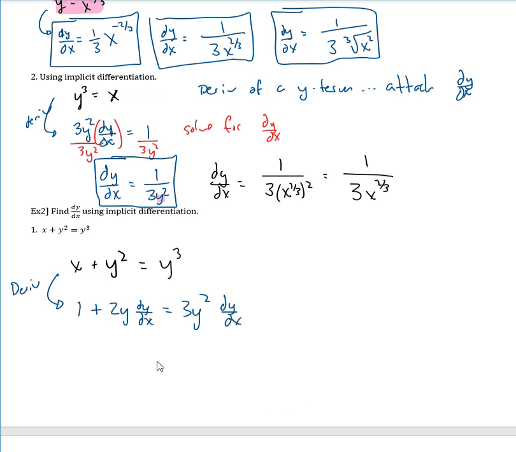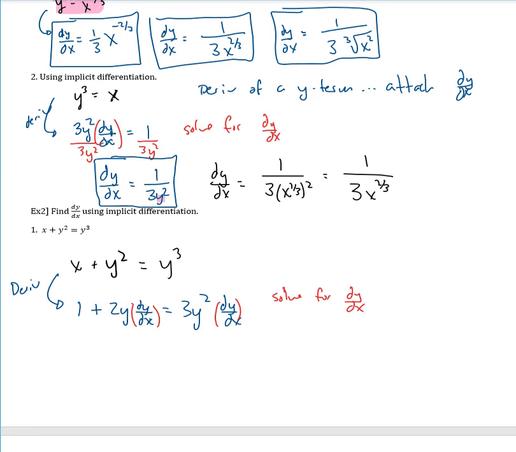Now, this is where the implicit differentiation usually gets a little tough. So the derivative portion's done. Now, all I need to continue doing is solve for dy dx. And to do that, we often want to get them together on the same side. Okay, so that means I would want to subtract.